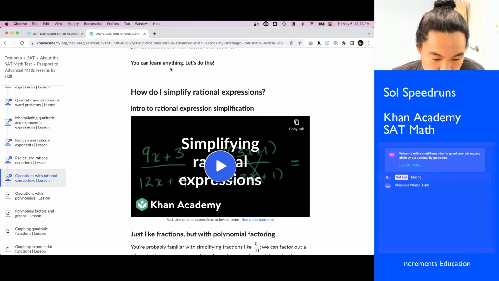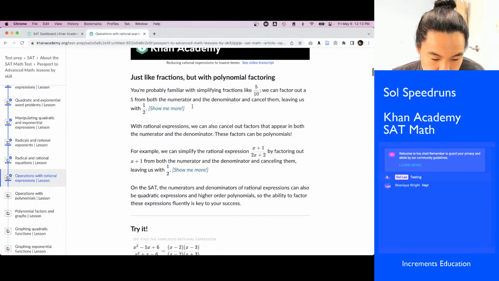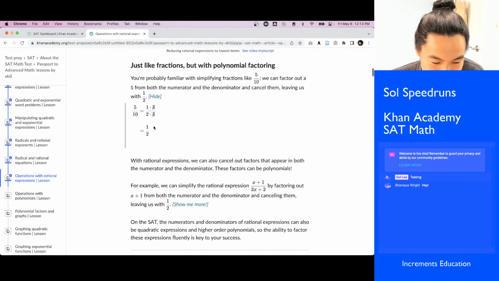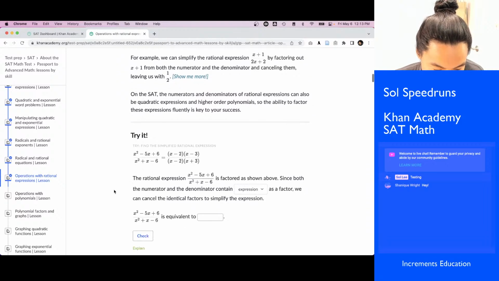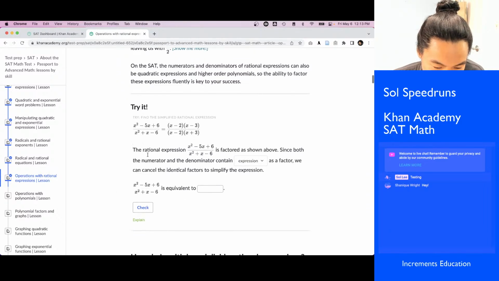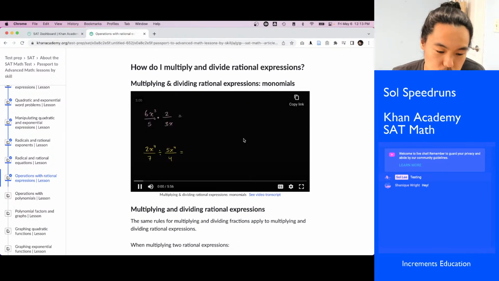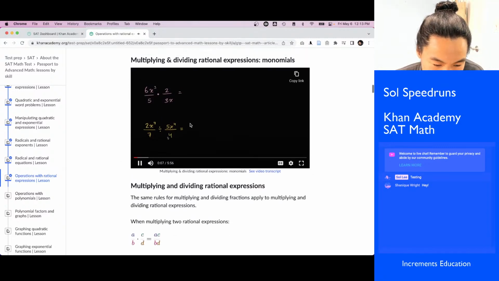How do I simplify rational expressions, just like fractions, but with polynomial factoring? What the heck does that mean? What does that mean? Oh, okay, yeah, I remember that. Polynomial factoring. Multiplying, dividing monomials. What are monomials? Oh, these are monomials, right?